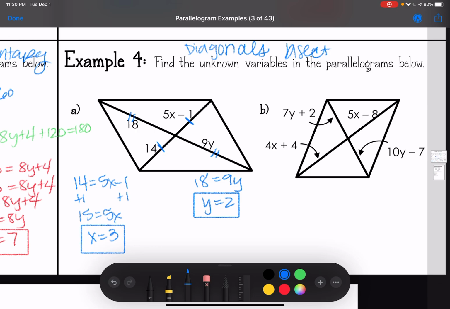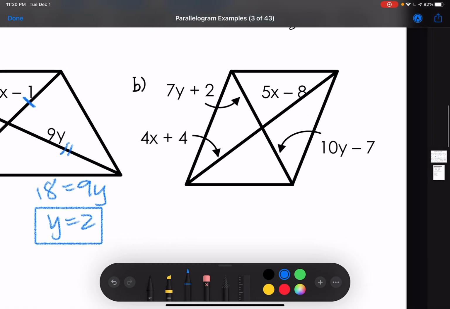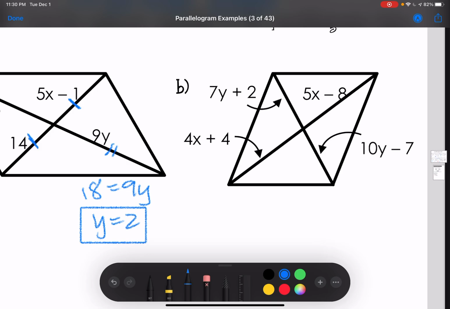All right, this next one, some of you see it and you're just like, I don't like it anymore. Miss Obji, make it stop. But it's okay. Remember, the diagonals are bisecting each other. What that means is, right here, if they're bisecting at that point, these two are congruent and these two are congruent. That diagonal is split into two equal parts.